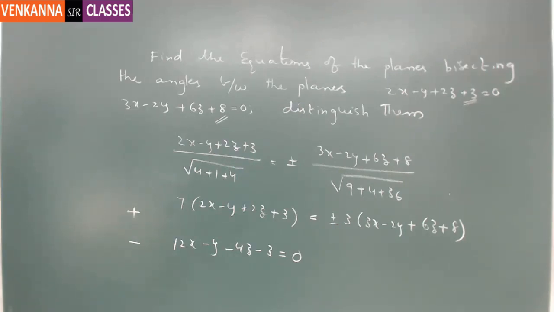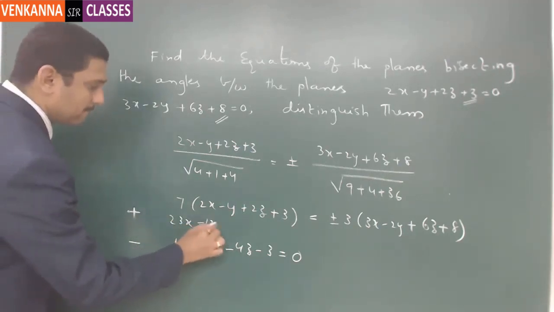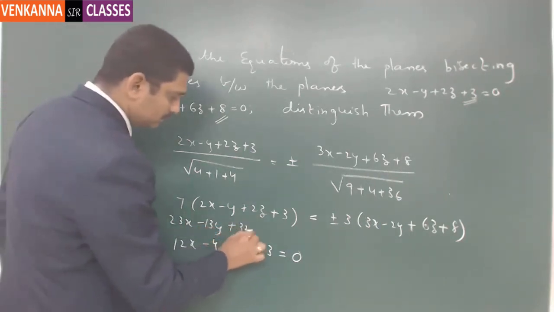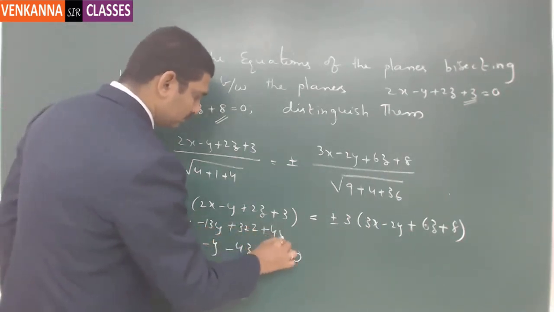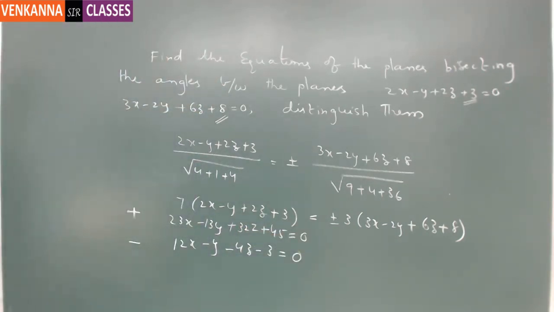Have you computed that? 23x minus 13y plus 32z plus 45 equal to 0.